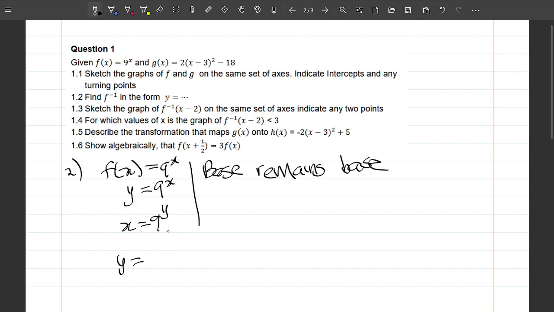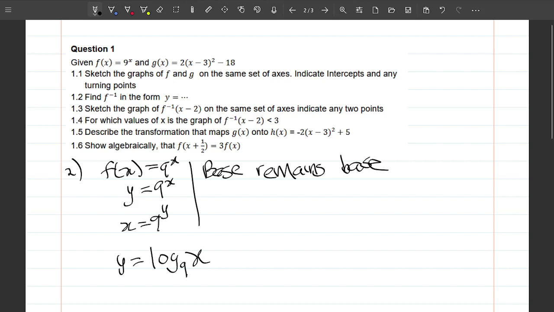The base of this exponent is 9. So I'm going to say log, and then the base of this log is the base of the exponent. So log base 9, and then x. Booyah. Oh god, I feel confident. And I have it in the form of y is equal to da da da da.